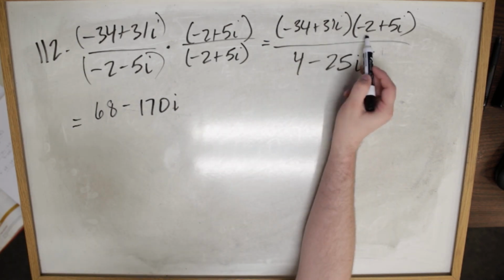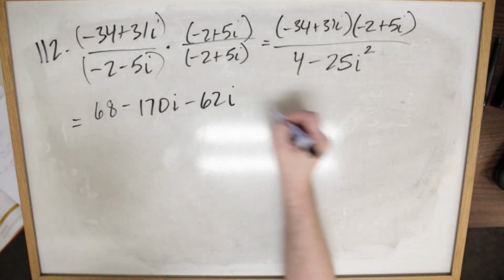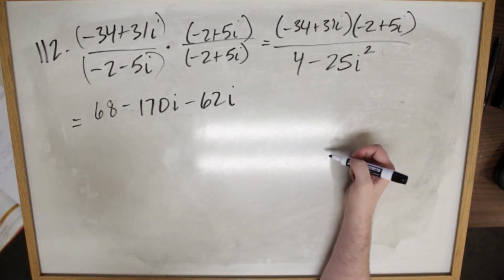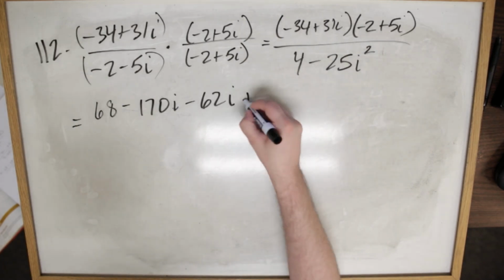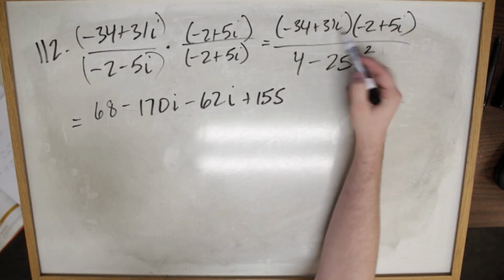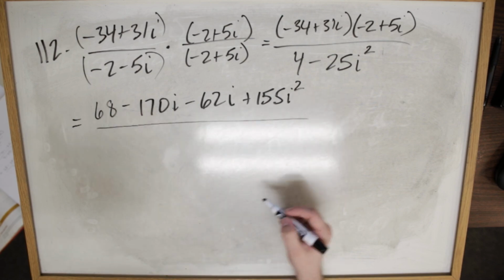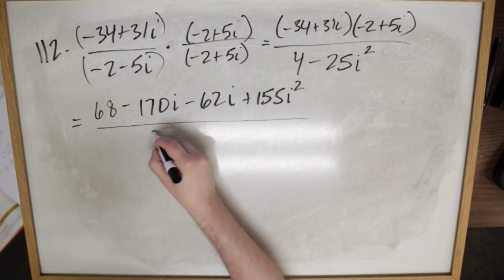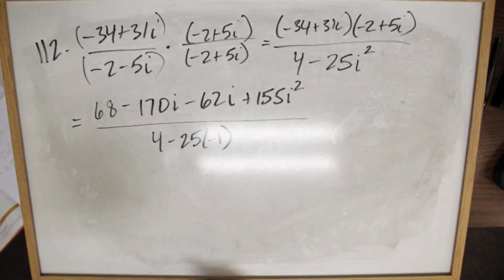Inside, 31i times minus 2 is going to be a minus 62 times i. And the last, 31 times 5 is going to be 155. i times i is i squared. Okay. The denominator is going to be 4 minus 25 times a minus 1, because i squared is minus 1.